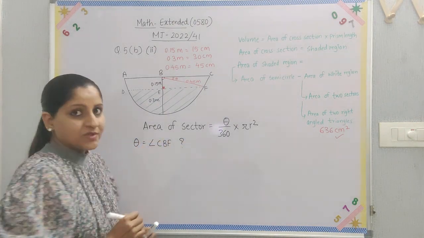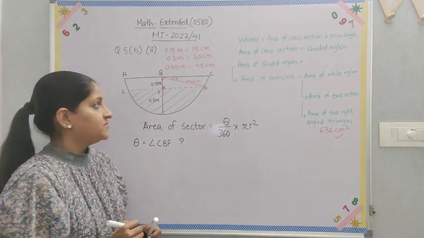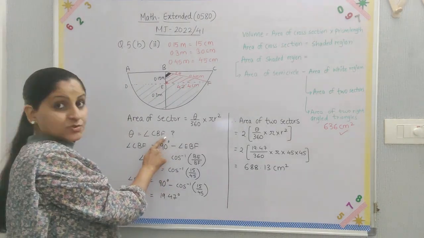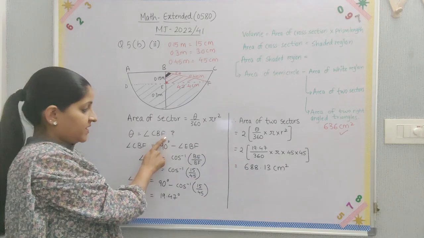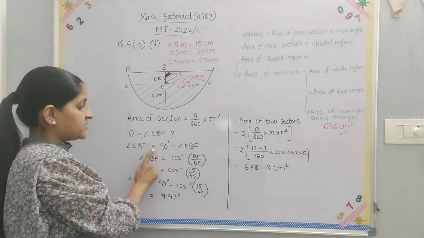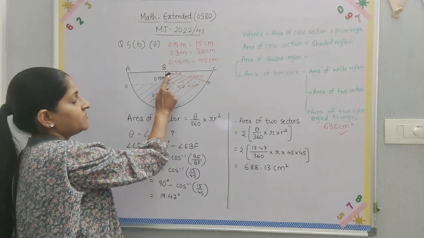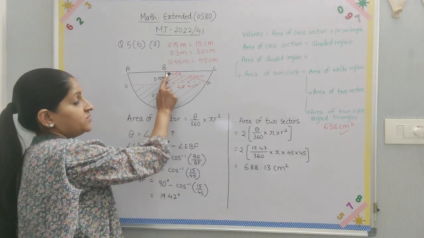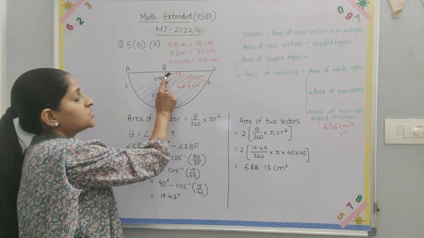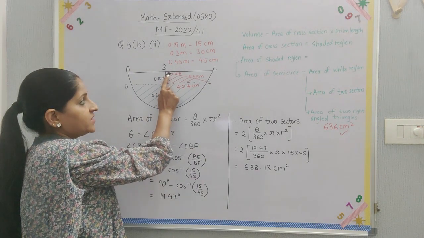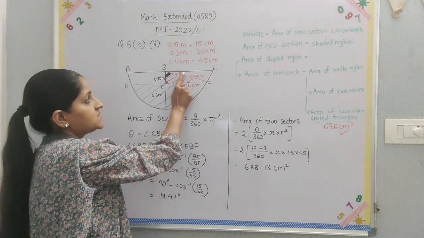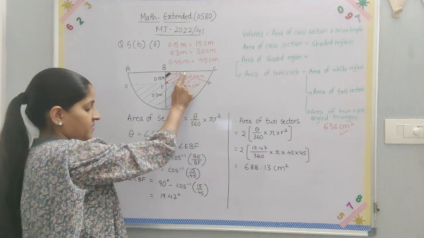How are we going to calculate this? Let's see that. Angle CBF is complementary to angle EBF, the angle that I have highlighted over here with black color. So this is the angle in right angle triangle to which this angle CBF is complementary.